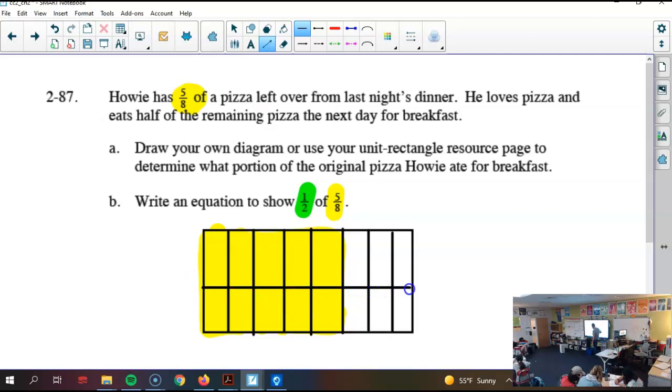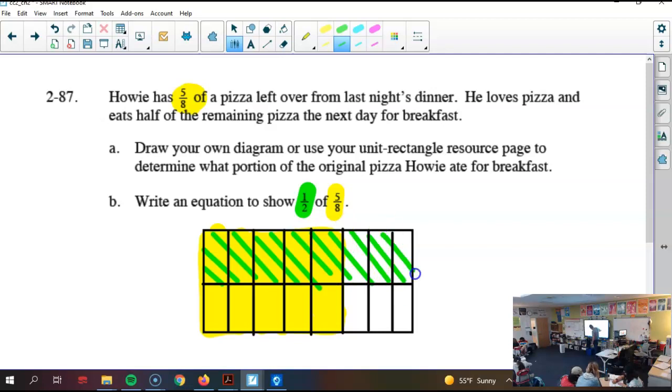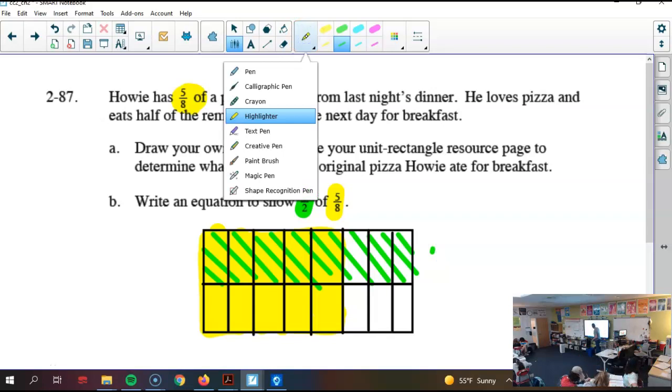Other direction. 5 over 16. I think you counted an extra 2. Yeah, 5 over 16.